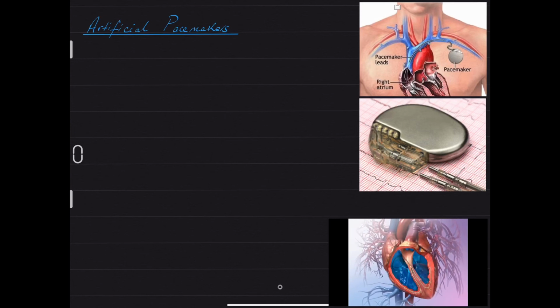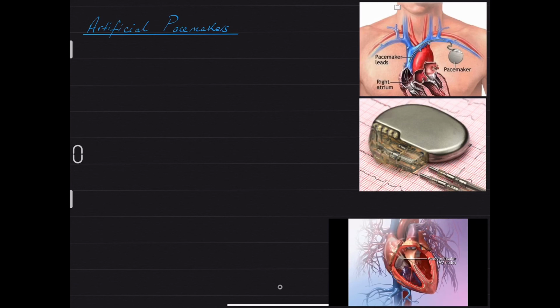So let's put some of these points down here. The artificial pacemaker is an electrical device.